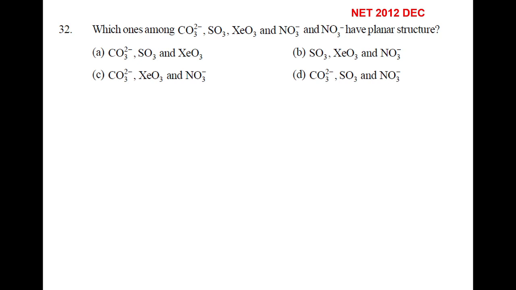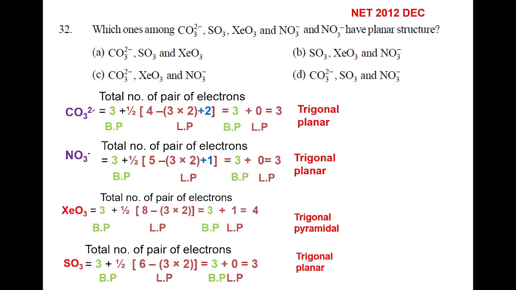Which ones among CO3 2 minus, SO3, XeO3, NO3 minus have planar structure? Which three are planar structure? CO3 2 minus is trigonal planar, and NO3 minus is trigonal planar again.